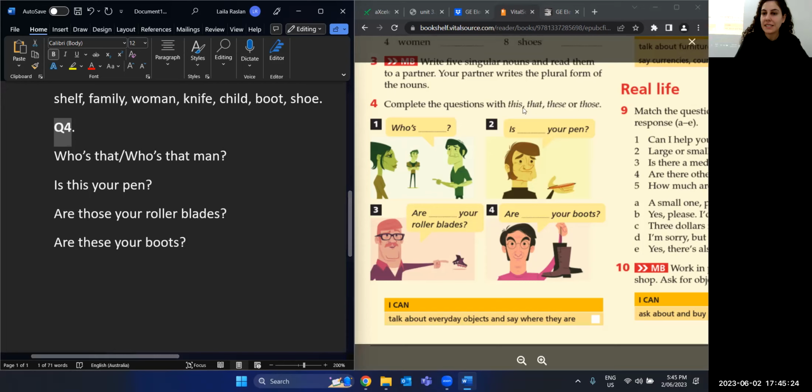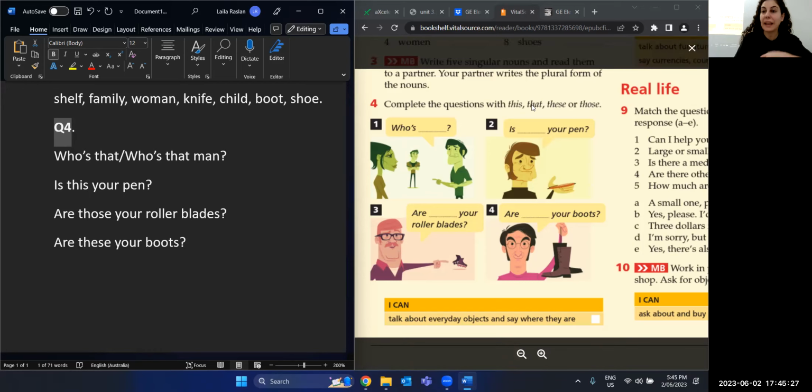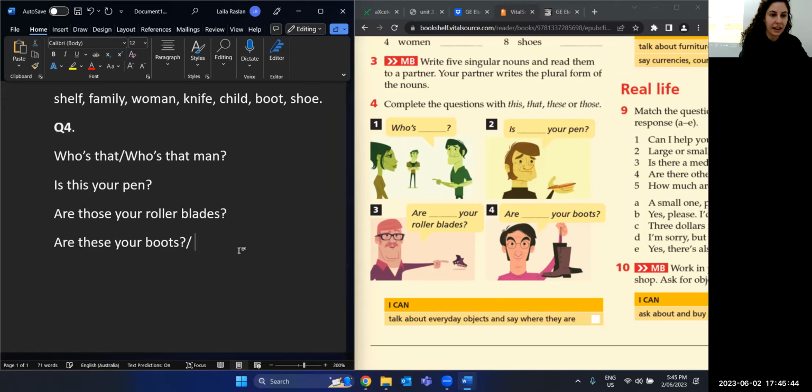So this, that, those, and these replace the noun. So for number 3, for example, he could say, are the rollerblades yours? Are those yours? You don't need the noun. Are these yours? You don't need to put the noun. So the boots, I don't need to, are these yours? As long as I'm pointing to them and the person can see, are these yours?